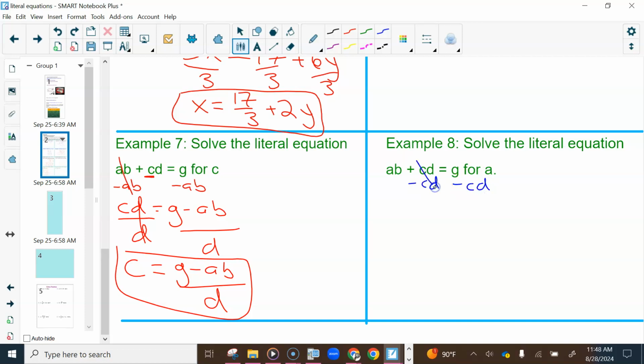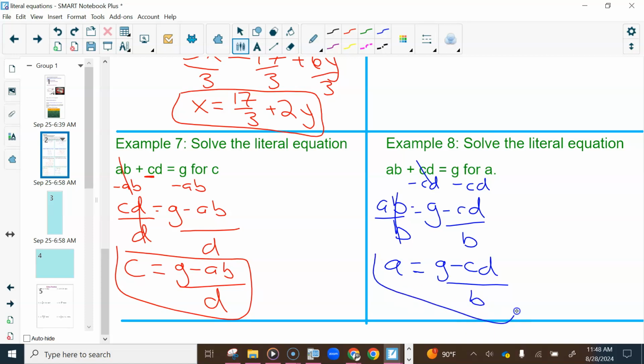On both sides, so we get AB equals G minus CD, and then divide both sides by B, because we're trying to get A by itself. So our final answer should have been A equals G minus CD all over B.